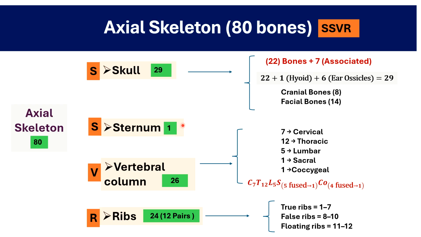There is one sternum bone present in the anterior portion, and 26 in the vertebral column. And there are 24, that is 12 pairs of ribs, present in the human body. So together they make up 80 bones for the axial skeleton.